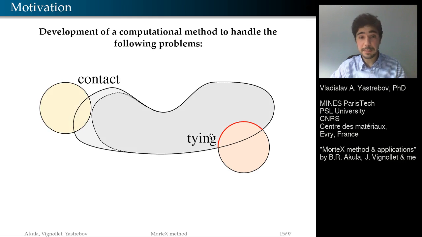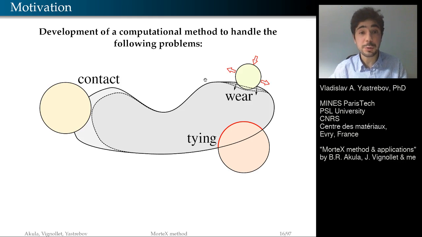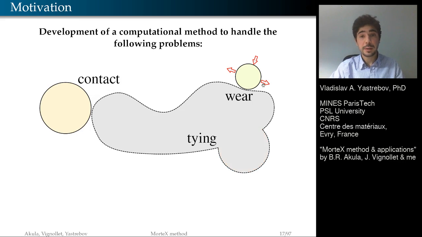Also, we'd like to be able to handle frictional contact interaction between the external solid and a newly defined surface, embedded in the bulk of the original mesh. And also, it would be great if we could propagate this embedded surface for wear simulations in order to mimic the removal of material. And all this can be done in the MorteX context, which is our solution for the problem.